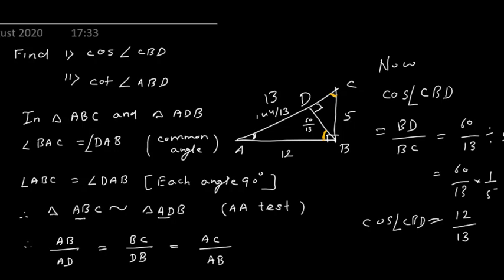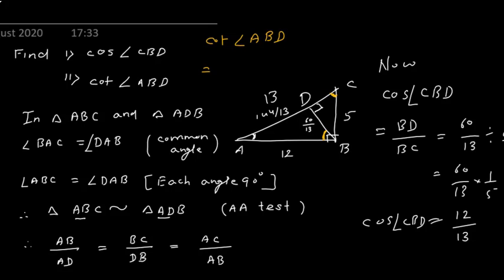And next we have to find cot of angle ABD. So here I will find cot of angle ABD. Cot is adjacent upon opposite.